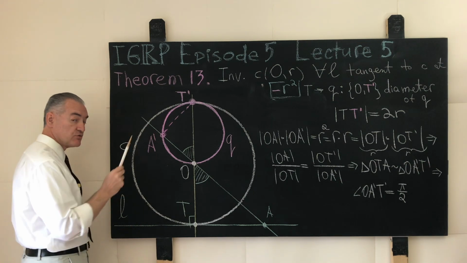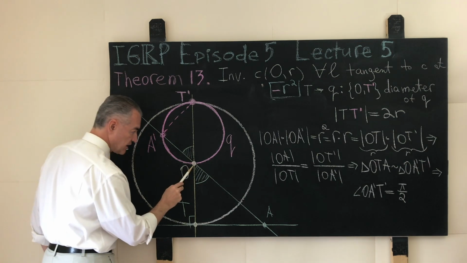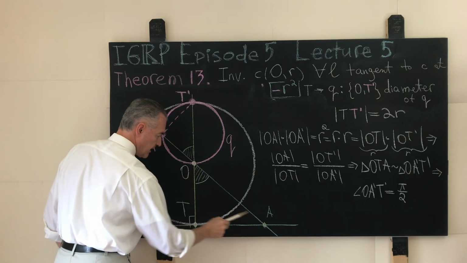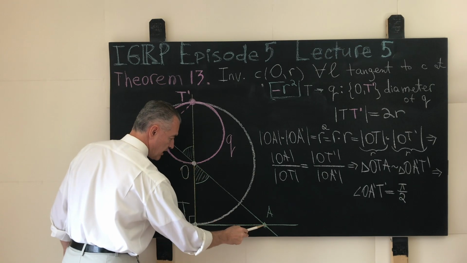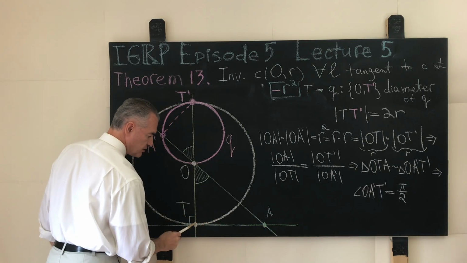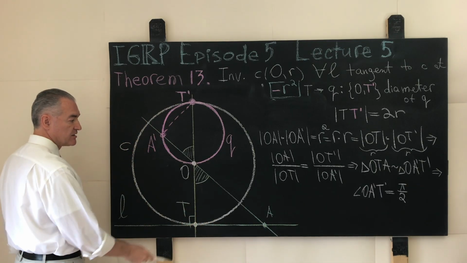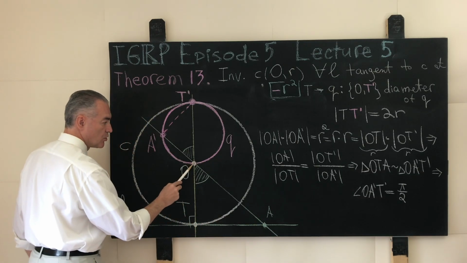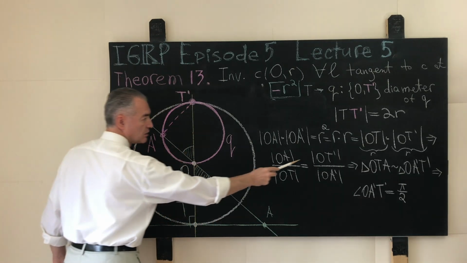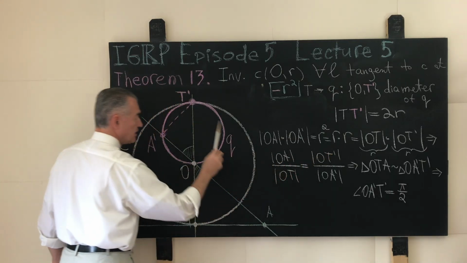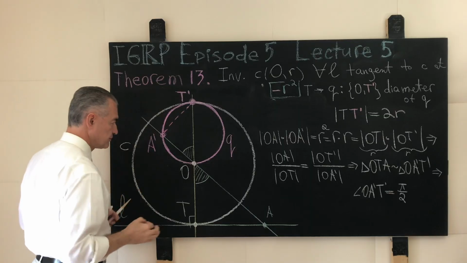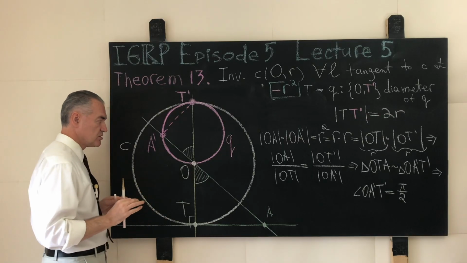And in our right by construction triangle, the triangle OTA, its hypotenuse OA lies opposite what? The right angle. And the corresponding to that side in this triangle is the side OT prime, OT prime in that triangle. And then that means what? That means that there is no choice, no wiggle room, no negotiation.